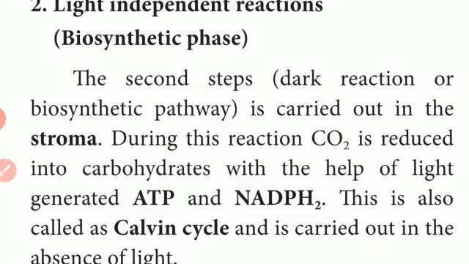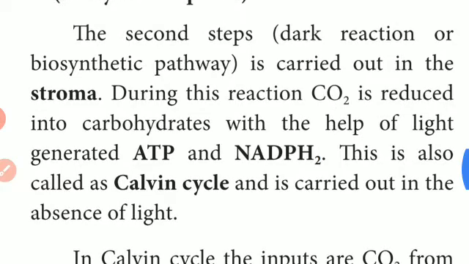The light reactions produce ATP and NADPH2, which are carried to the next stage, where carbon dioxide is reduced to carbohydrate. This we call the Calvin cycle. It is carried out in the absence of light, which is why it is named light independent.